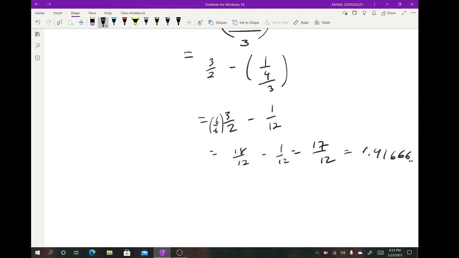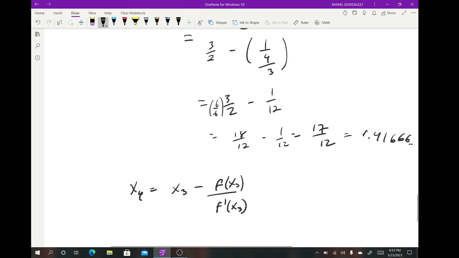We could do one more, so I'll do one more. So let's say we go to x4. We pick a fourth point to approximate this even closer to see what the value is. So it's going to be x3 minus f of x3 divided by the derivative at x3.